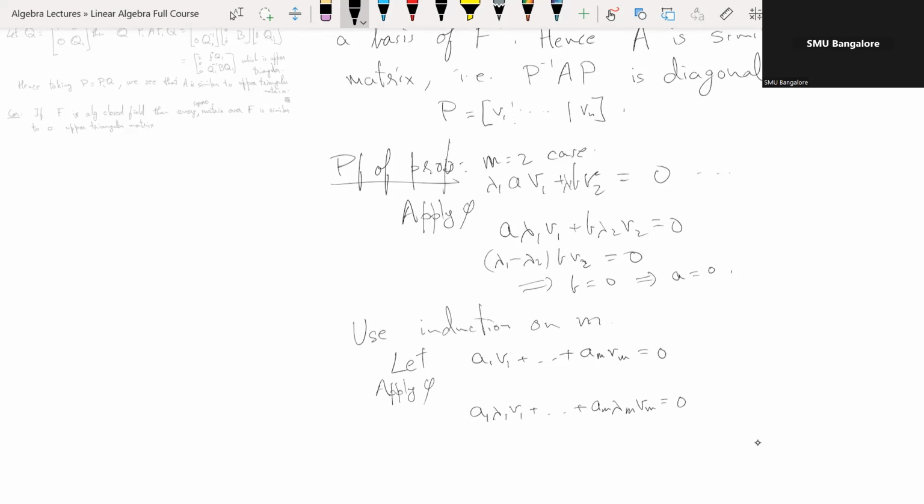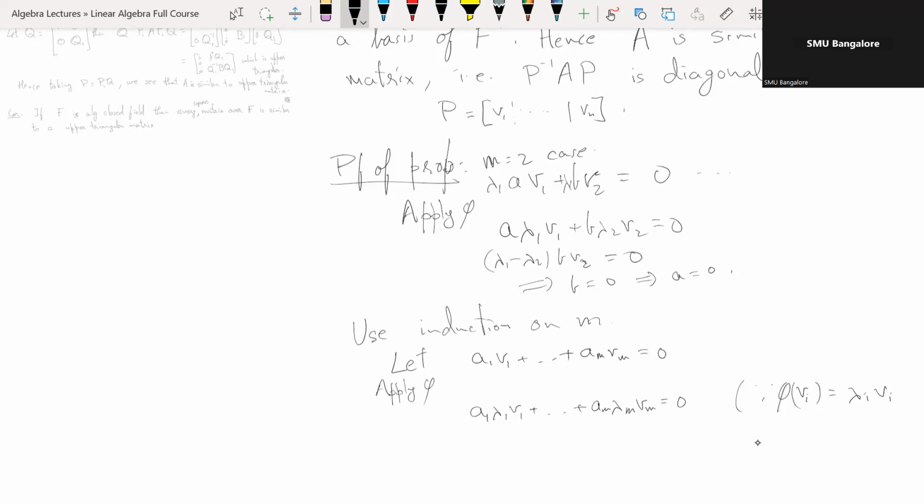Because these are all eigenvectors, since phi Vi is lambda i Vi, and this is what we are using. Again, I want to cancel one of them so that we get a relation among smaller guys, and then we can conclude that it must be zero.